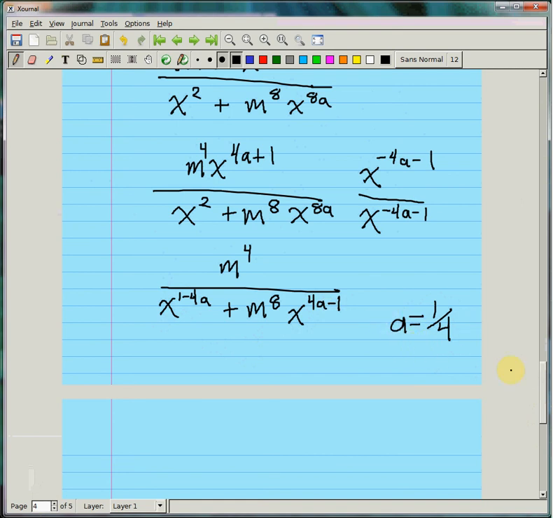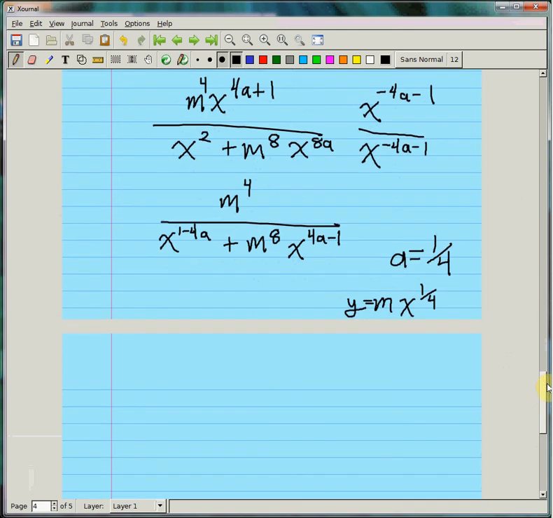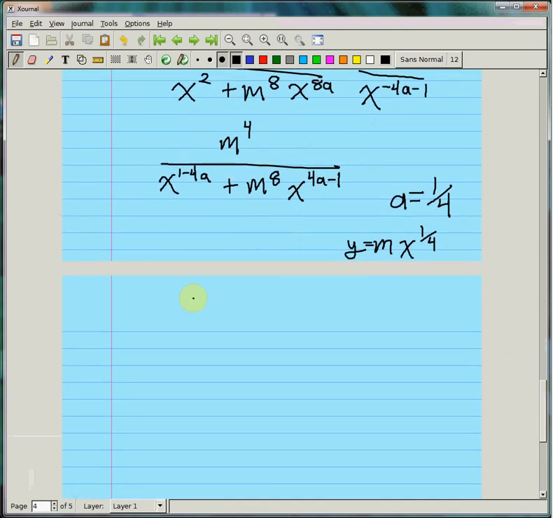So if I look at the particular power function, y equals m times the 4th root of x, then something interesting does happen. On top you get m to the 4th power, and like we've been saying, this becomes 1, and this becomes 1.